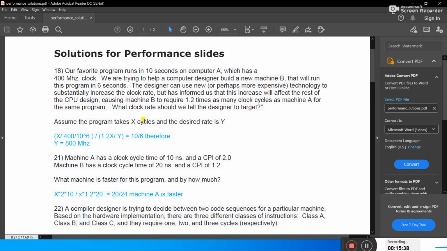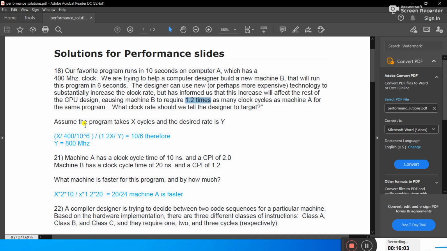Initially it took 10 seconds, now it takes 6 seconds, and initially it was 400 megahertz. Now how many megahertz should it be?